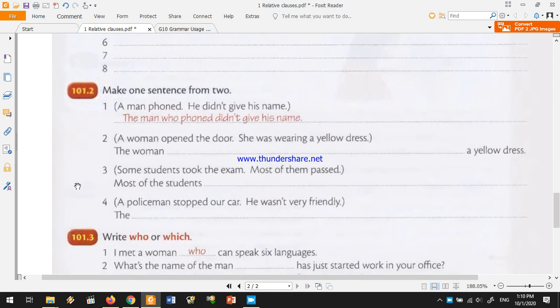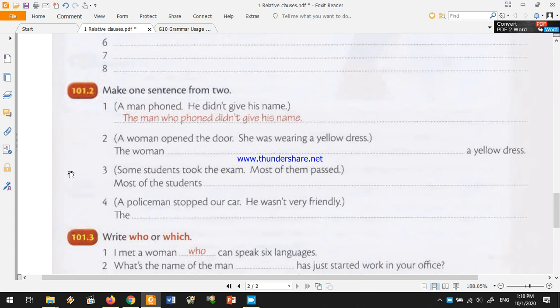Let's take a look at this exercise. Number 101.2. Make a sentence from two. Here we have two sentences, and we will combine them with the use of a relative pronoun so we can have a single, very long sentence. Number one is already made, but we're gonna read it anyway. The example says, a man phoned. He didn't give his name.